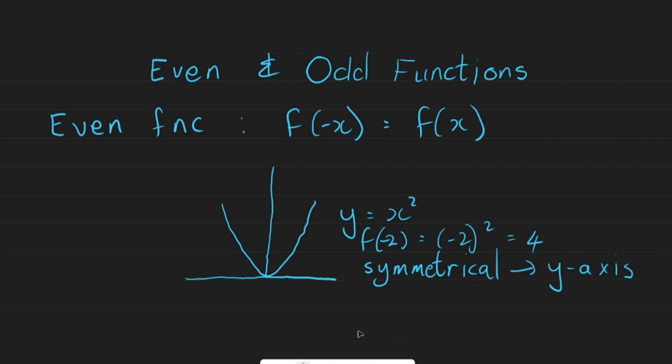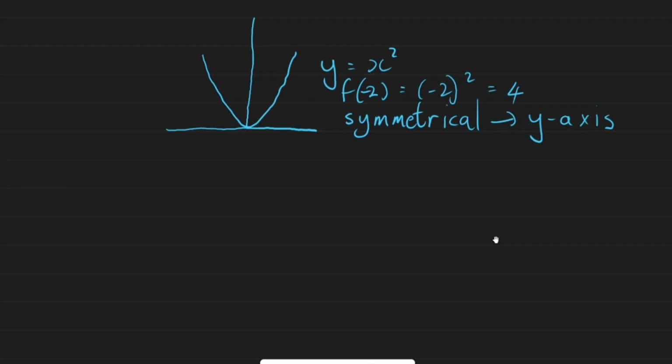Since we're talking about Fourier series, we have to consider the trigonometric terms. So we can look at cos x. If we just quickly draw the graph of cos x, we have minus pi, minus pi over 2, pi over 2 and pi.